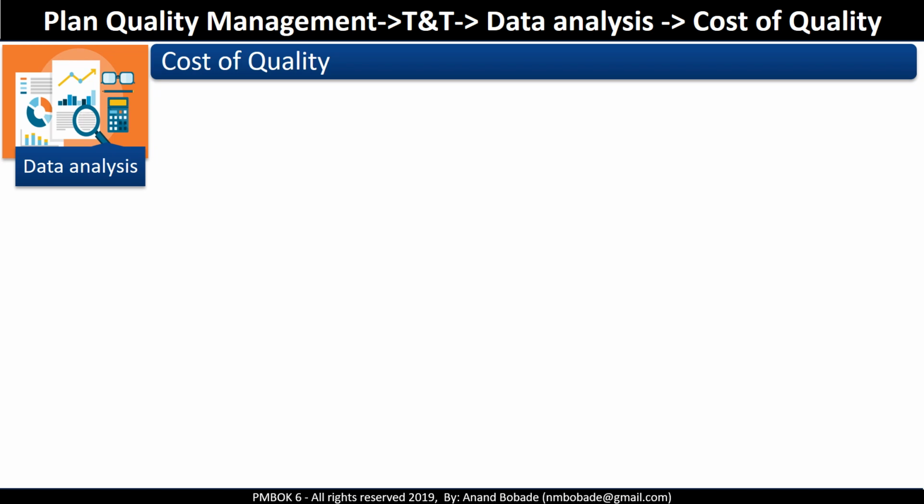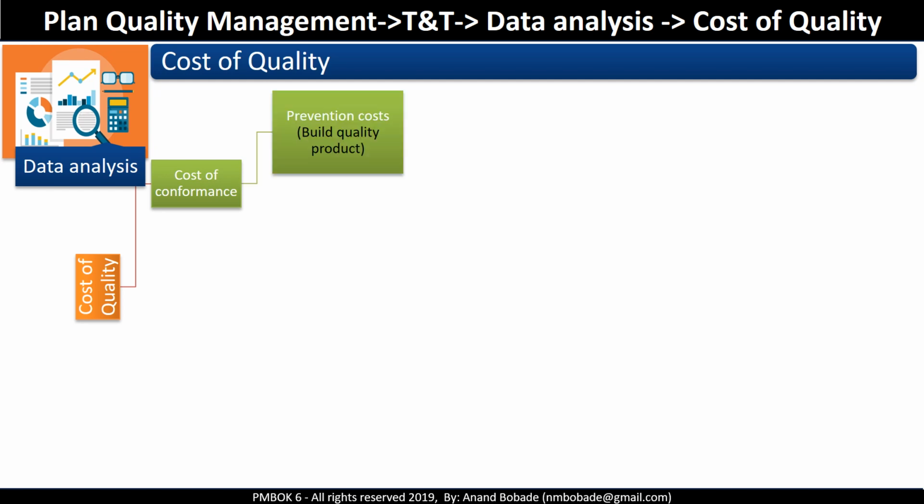non-conformance. Cost of quality is divided into two areas: cost of conformance and cost of non-conformance. Cost of conformance includes prevention cost, which means cost of building quality product. For example, training, process documentation, testing equipments, and time required to do things.